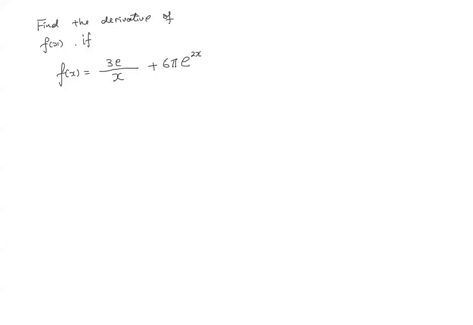Okay, done. Pi is a constant, e is a constant, e to the power 1 is a constant. So the first one is a power term. The second one is an exponential term. The third one, you can simplify it.